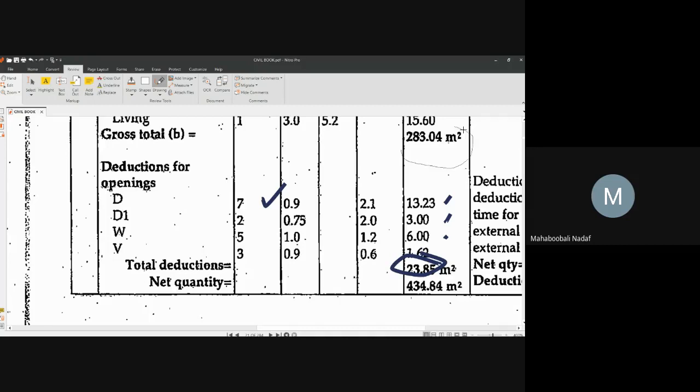So in this, 283 minus 23.85, how much is it coming? 259.19. Plus external plastering, 430.84.